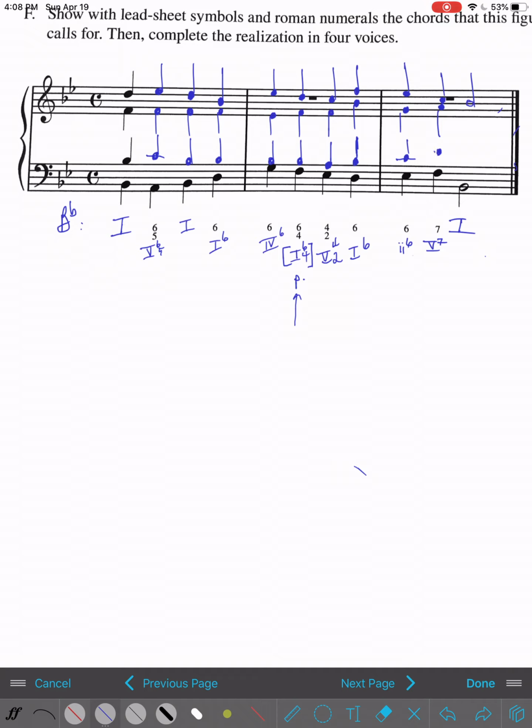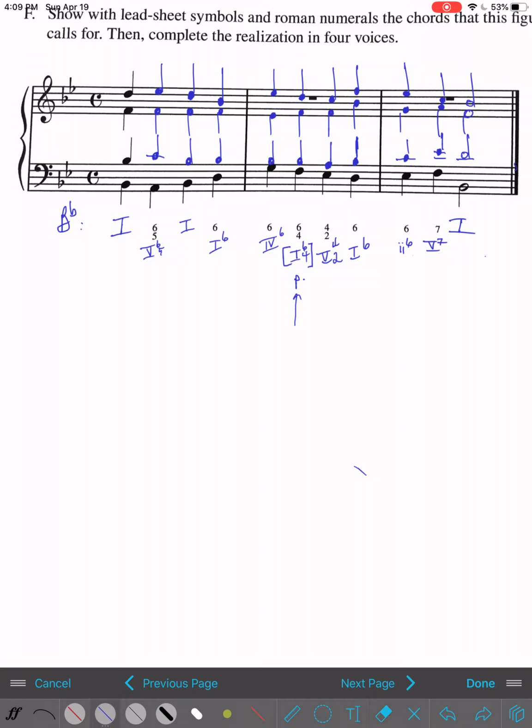And then we can leap up to the 7th with sort of an appoggiatura figure right there. And then we can resolve downward to the 3rd of the chord. And then for this last pitch, we can either double the root, or triple it, I should say, or we can frustrate our inner voice and go to the 5th and get a complete triad. Okay, so this is a fine solution. Just no problem with this one.